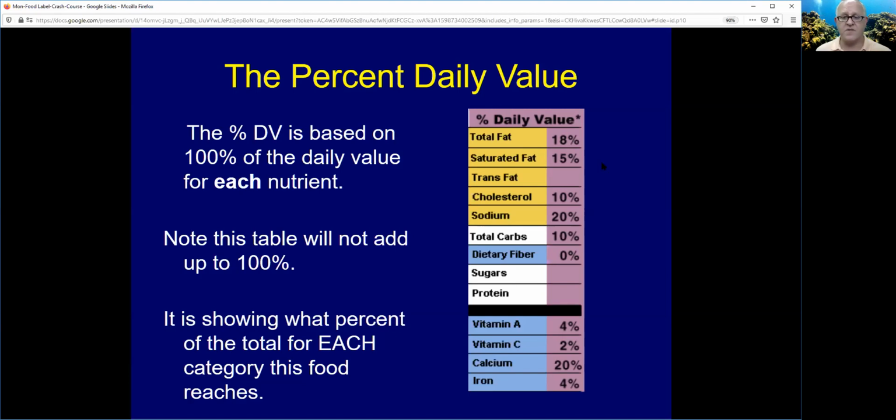Saturated fats, 15%. Total carbohydrates, 10%. Vitamin A, 4%. So this particular food had very low vitamin A and very low vitamin C and virtually no iron. It only had 4%. So this percent daily value is only showing what each percent of the total for each category of that food is having.